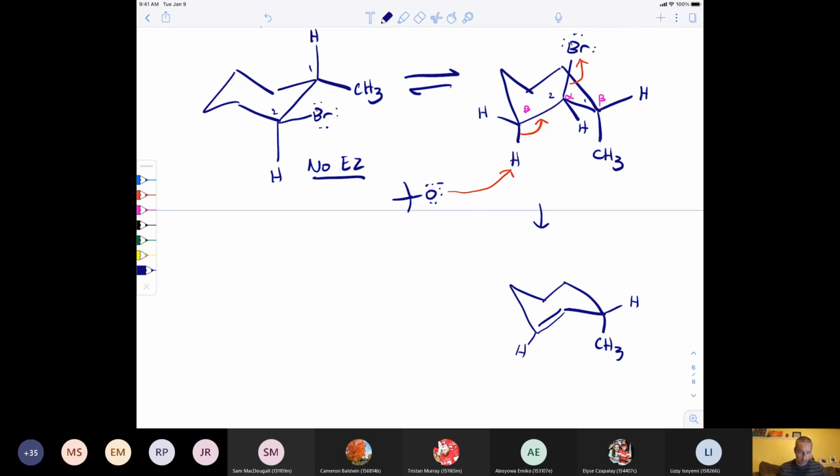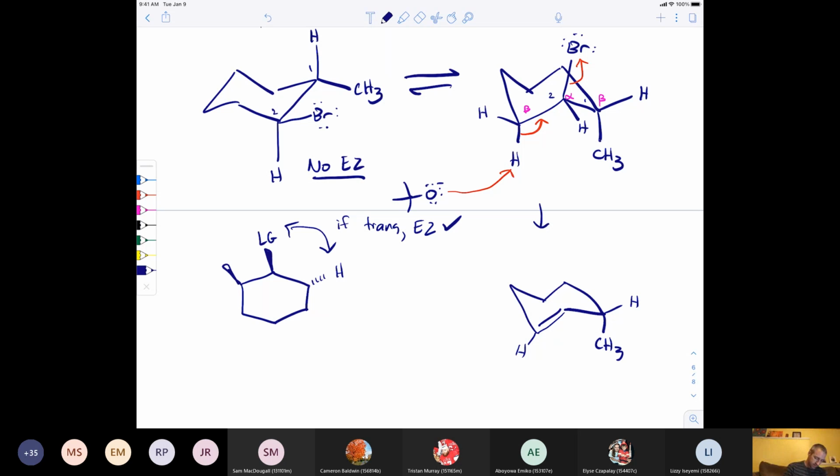Maybe an easier way to tell if you can do an elimination between a leaving group and a hydrogen on a ring: if you have a ring, the leaving group and the beta hydrogen have to be anti or have to be trans to each other. If trans, E2 is good.